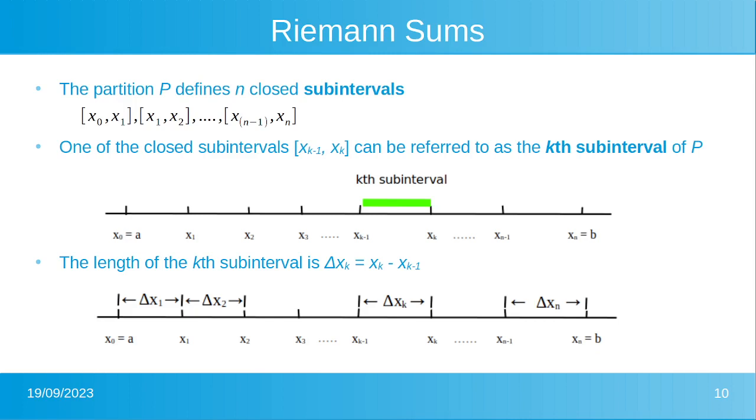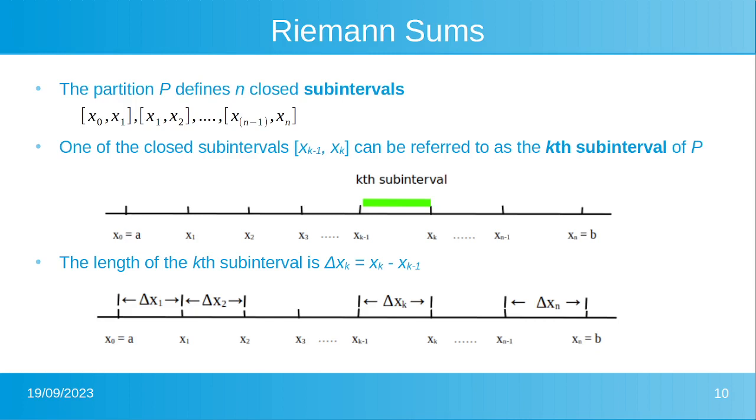One of the closed subintervals from x_{k-1} to xk can be referred to as the kth subinterval of P. And we can see this here in the middle figure at the middle of the screen.